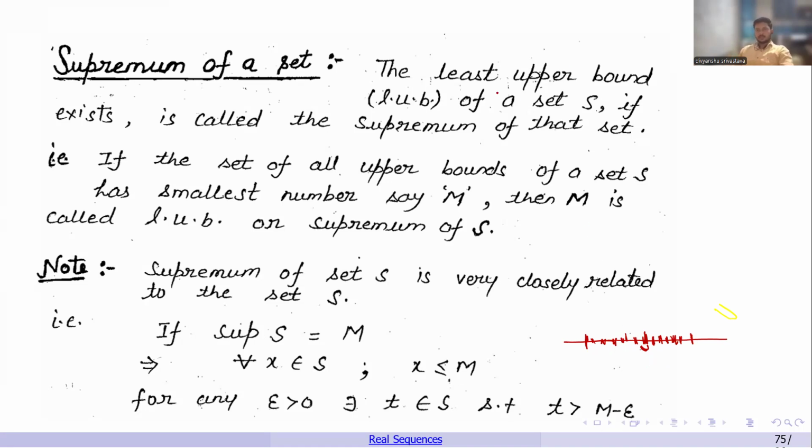So here I will give you some observation. The least upper bound of a set S, if it exists, is called the supremum of that set.